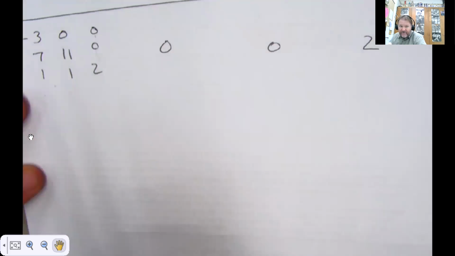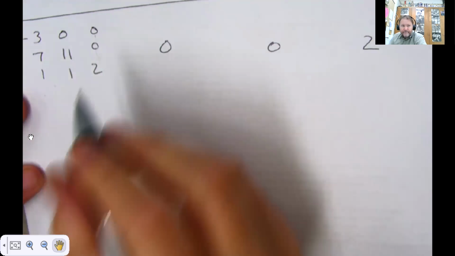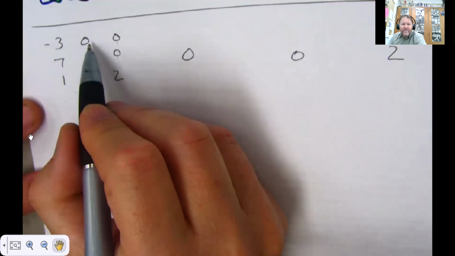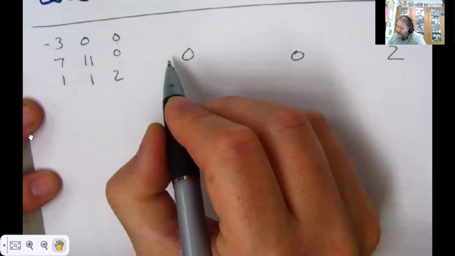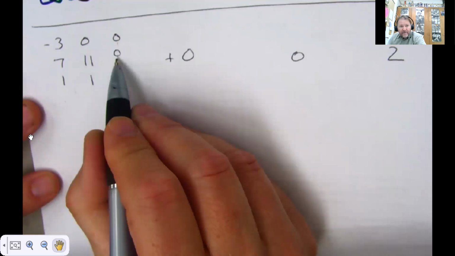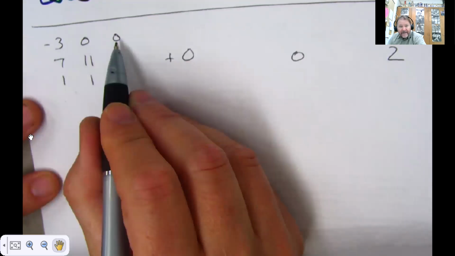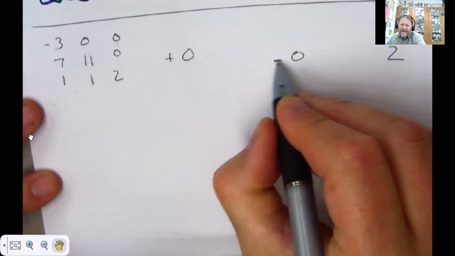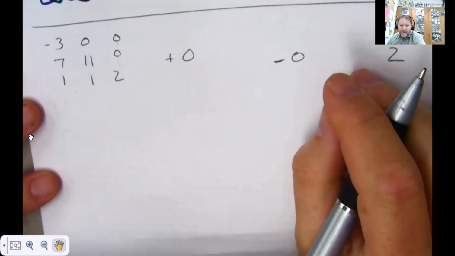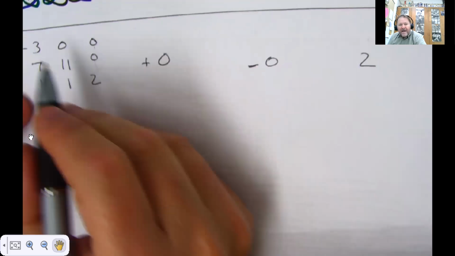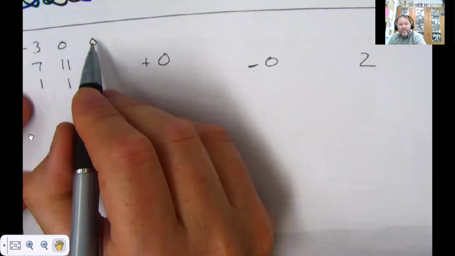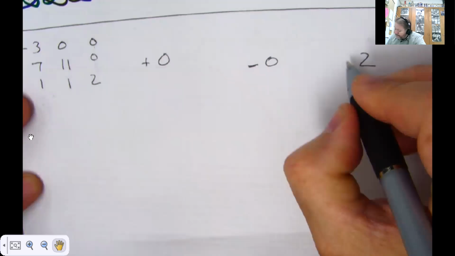Now let's look at the signs for each of those we have to put in front. Positive, negative, positive. So this is going to be a positive. This is going to be positive, negative, positive. That's going to be a negative. And yes, I know, positive 0, negative 0, that's just 0. Again, positive, negative, positive, negative, positive. That's going to be a positive 2.